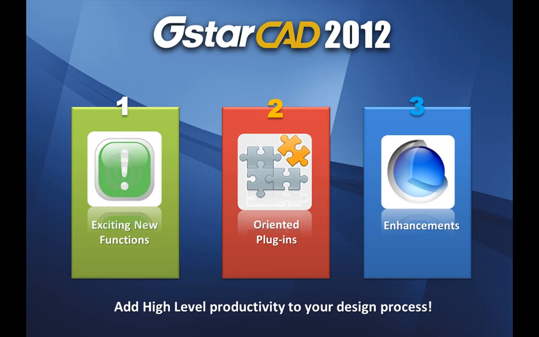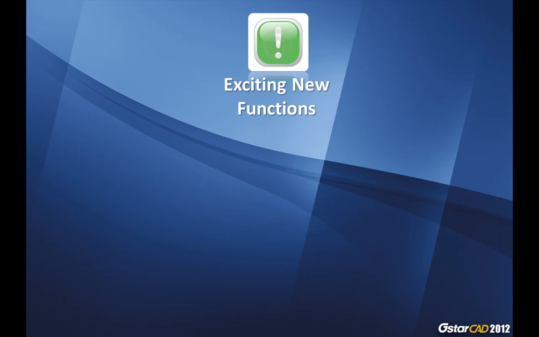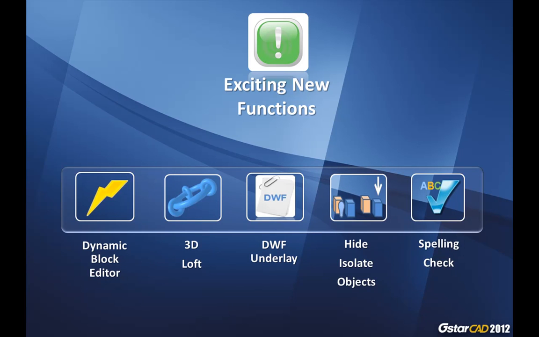Okay, so first we talk about what Gstarcad 2012 has on new functions. In this release we have several functions, which are dynamic block editor, 3D love, DWF as underlay, high isolate objects, and spelling check.